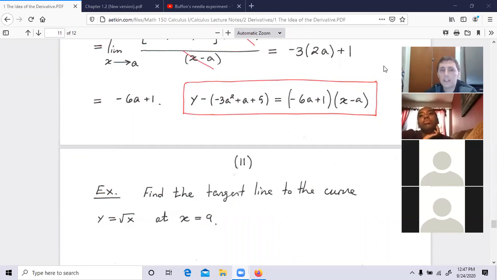And if you finished it, guys, can you find a general formula for the slope at any point on this graph? So y equals root of x. What's the general formula for the slope?